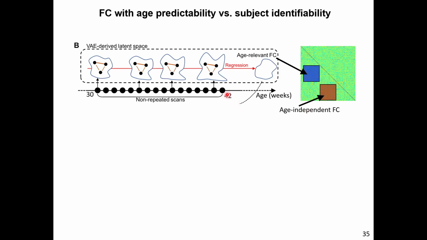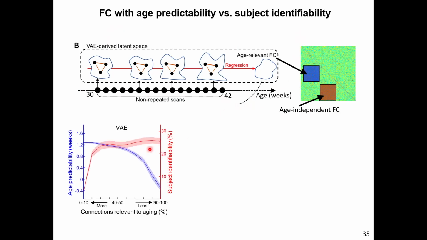Since we have this single-session dataset, we tried to predict age from the functional connectivity, and based on the age prediction performance, we divided the connections into 10 groups. The left is the most relevant to aging, versus the least relevant to aging. Of course, the connections most relevant to aging show the highest age prediction performance.